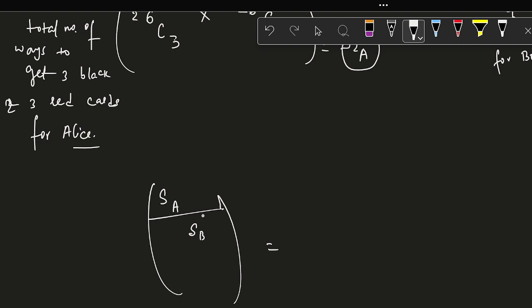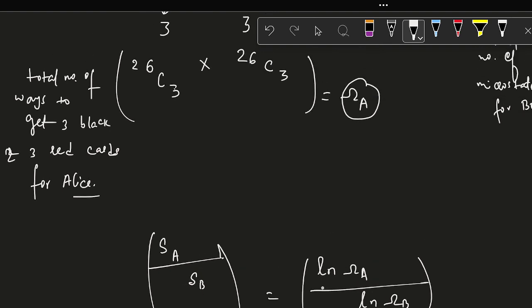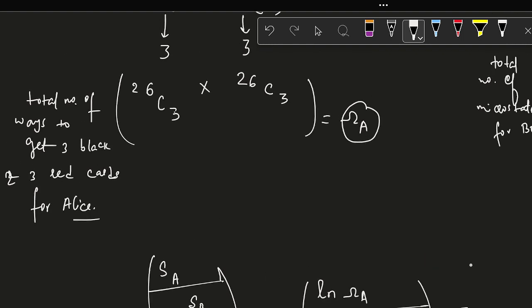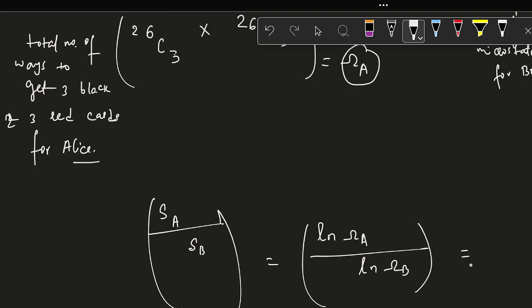Alice's entropy by Bob's entropy is just ln omega_A by ln omega_B. Again we have to do a calculation with some crossing off, so do this part carefully, because otherwise there will be some problem in the total calculation.